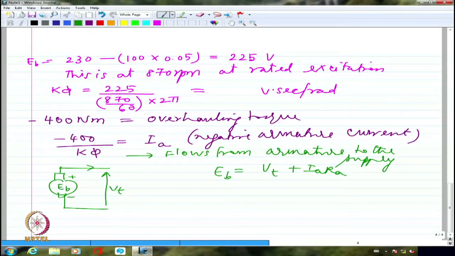Right? So in this case VT is still a constant 230, IA I must have gotten here, let me call that IA dash, RA is 0.05. So I have got clearly the value of the voltage. Once I get the voltage, I can just divide it by K5 to get omega. That's it. K5 is already there. So that is the speed at which it will generate a voltage sufficient enough to create a torque of minus 400 Newton meter. That's what it means.